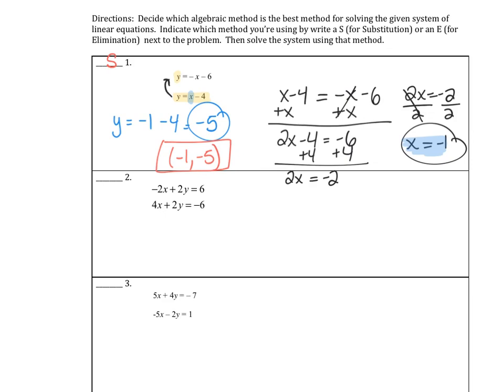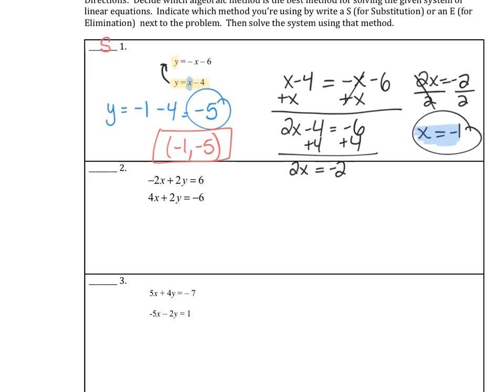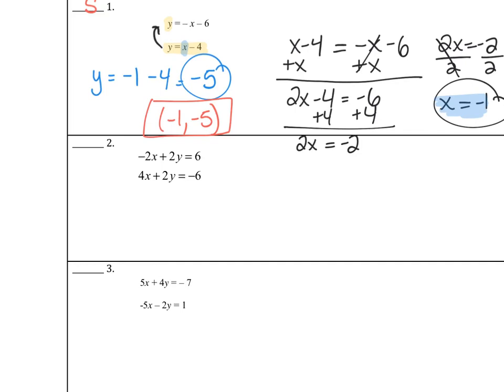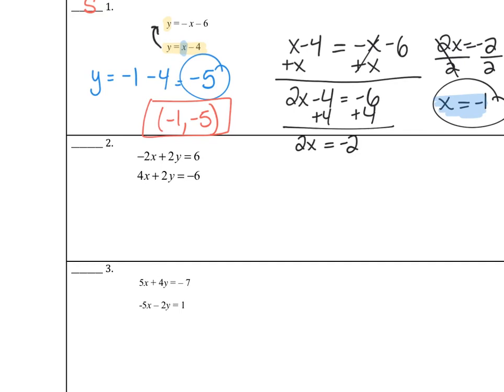So all you're doing is you're looking at the equations, you're seeing which method you can use, and then you're using that method. So if I look at my next equation, I have negative 2x plus 2y is equal to 6, and 4x plus 2y is equal to negative 6. I can tell that I can almost get rid of my y's. In fact, because they both have the same coefficient of 2, but I do need them to be opposites.